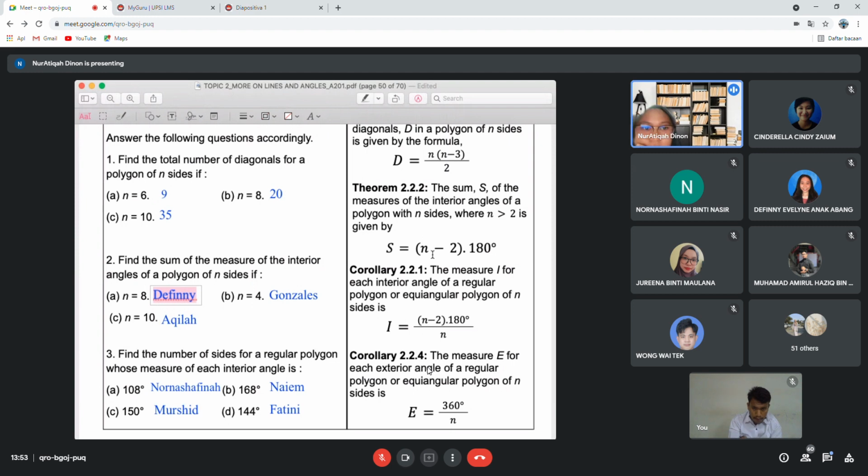So if n equals 8, then if you put n equals 8 here, 8 minus 2 is equal to 6, and then times 180 degrees, I got 1080.